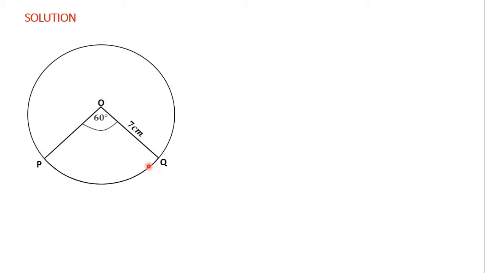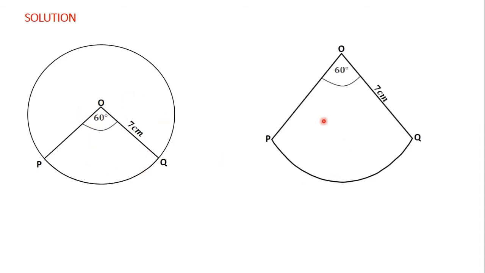We can cut the sector POQ from this circle and fold it into a cone. So we have the sector POQ, with the angle here being 60 degrees and the radius 7 centimeters.